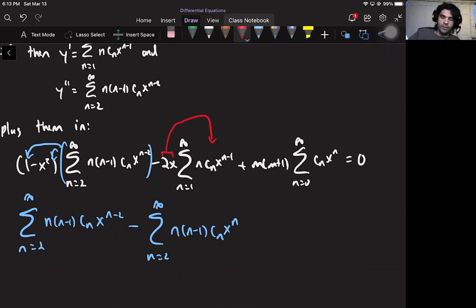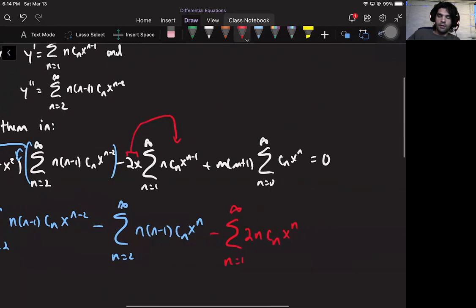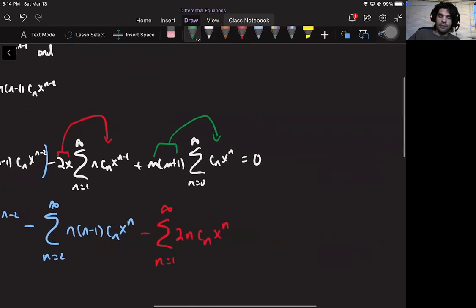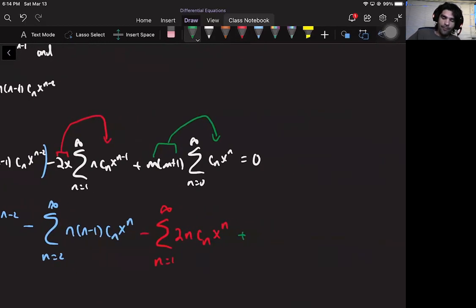So that'll just be minus 2n cn, and that x now becomes x to the n. And then I will bring these both in here, and I'm just going to leave them separated for now. That'll be the easiest way to handle it.